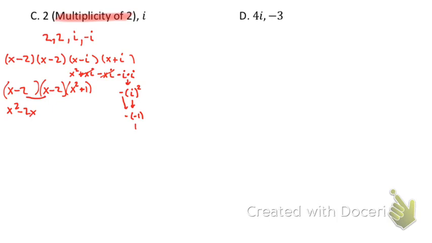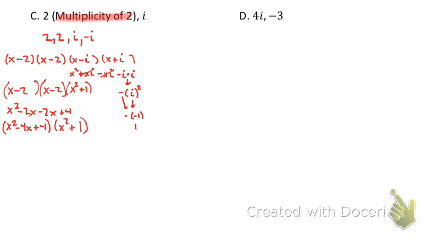Negative 2 times x is negative 2x. Negative 2 times negative 2 is positive 4. Combining like terms, we get x squared minus 4x plus 4. Bring in the x squared plus 1.